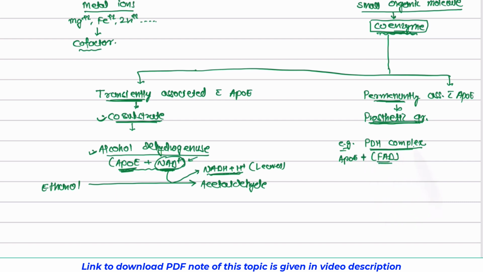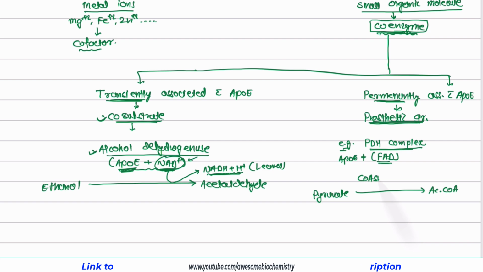Now, what kind of reaction is catalyzed by the PDH complex? PDH complex mainly converts pyruvate to acetyl coenzyme A. During this reaction, one molecule of coenzyme A is consumed and carbon dioxide is released, and simultaneously NAD plus gets converted to NADH plus H plus.